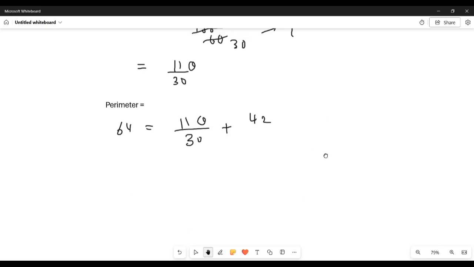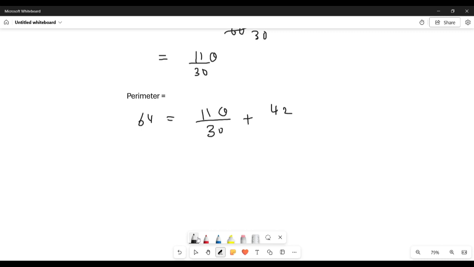So what can you do? Right. So you can easily shift the 42 to the other side. Then you will get what? 64 minus 42. So you are left with 11 theta over 30.